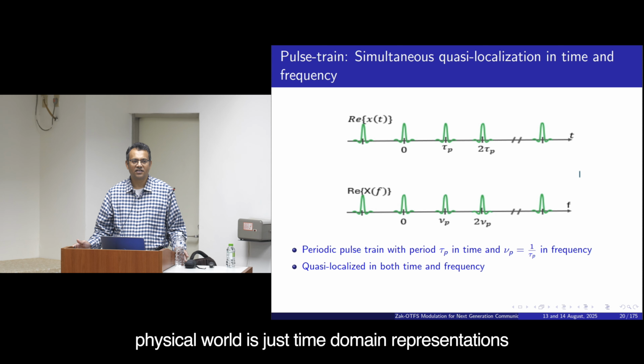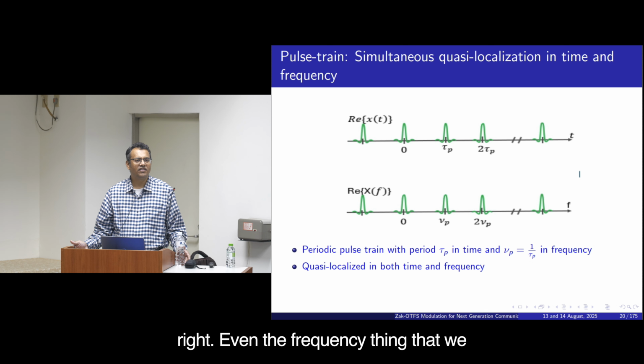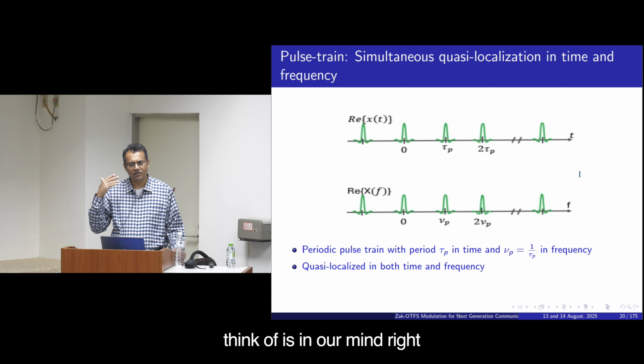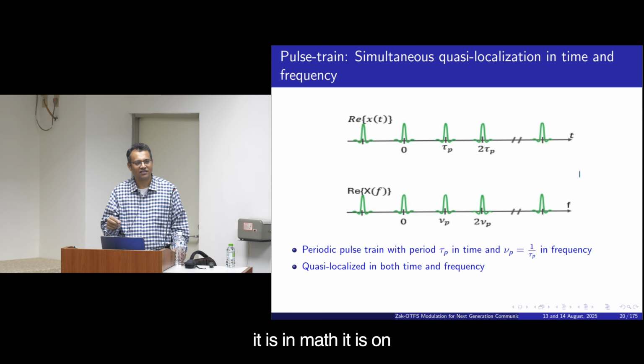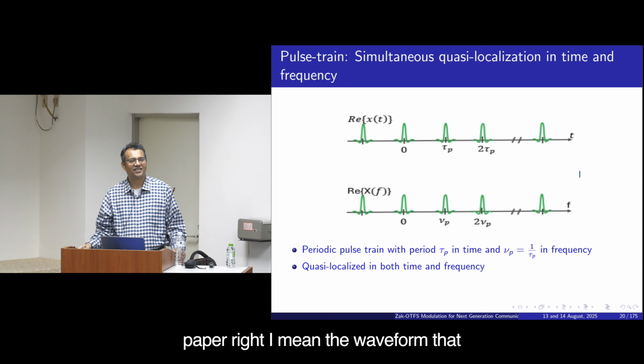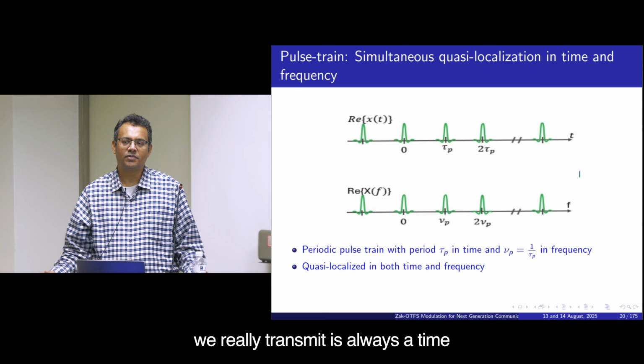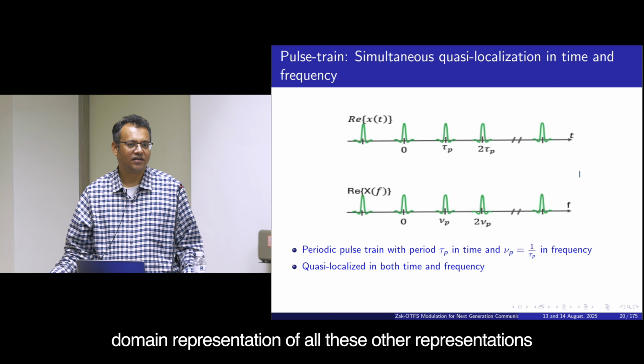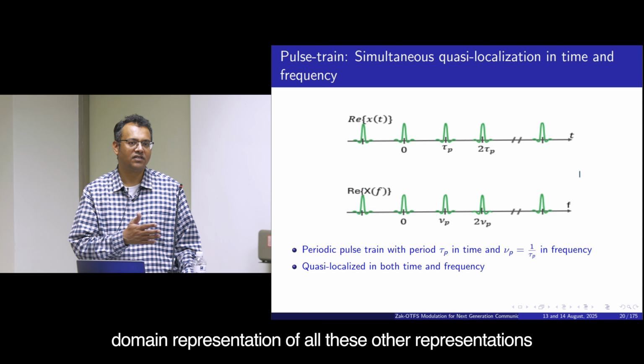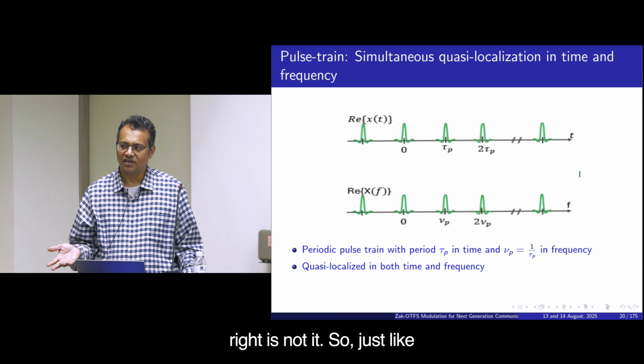What exists in the physical world is just time domain representations, right? Even the frequency thing that we think of is in our mind, in math, on paper. The waveform that we really transmit is always a time domain representation of all these other representations, right?